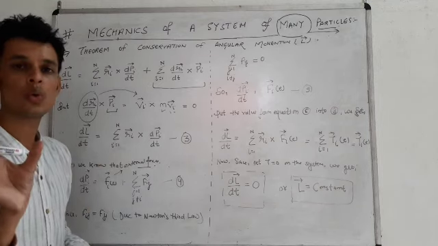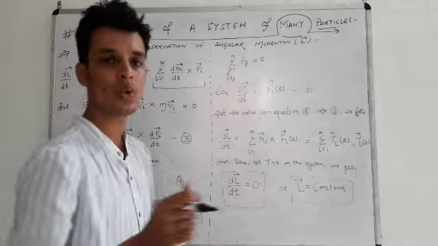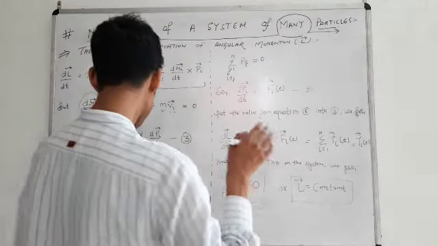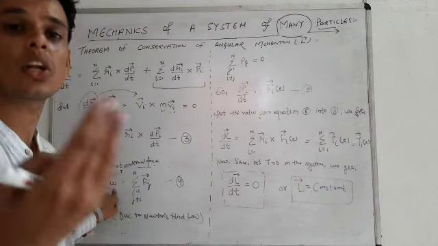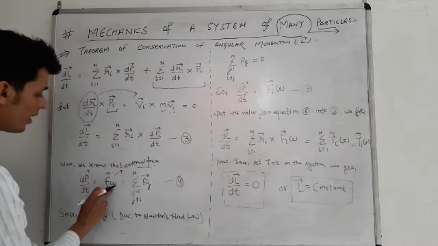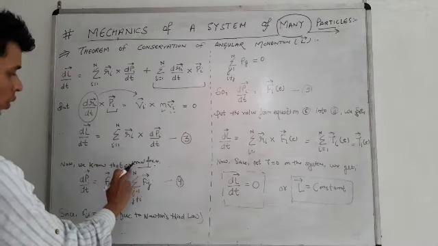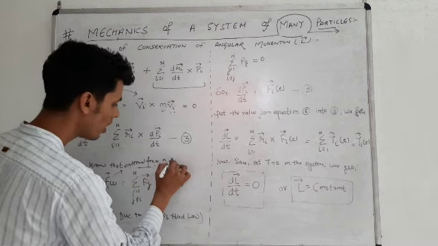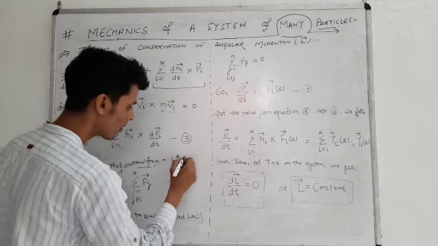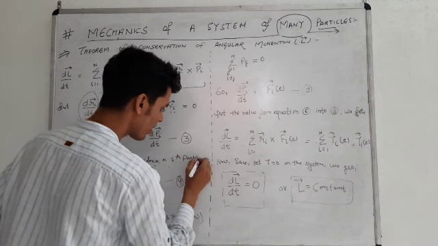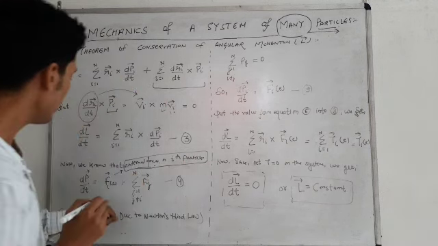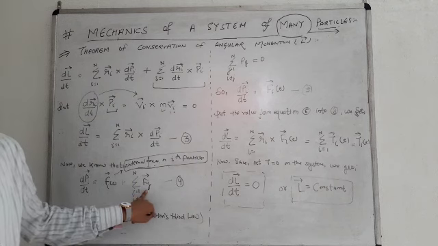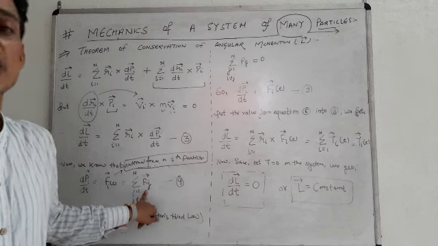There are two types of forces applicable on the ith particle. The first force is the external force, FiE, where E means external force, the external force on the ith particle, and this is the internal force on the ith particle due to the jth particle.